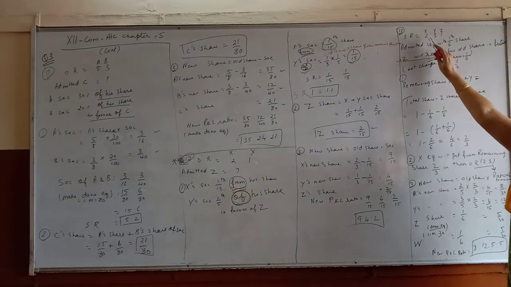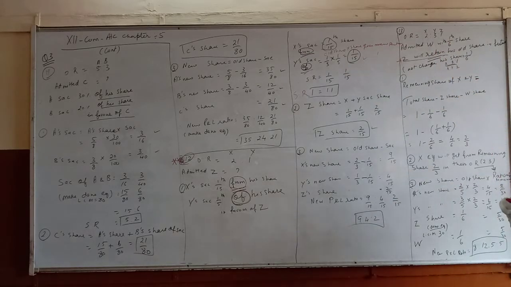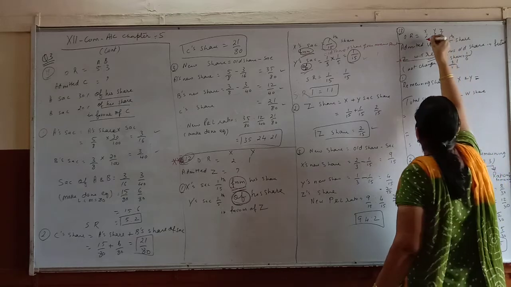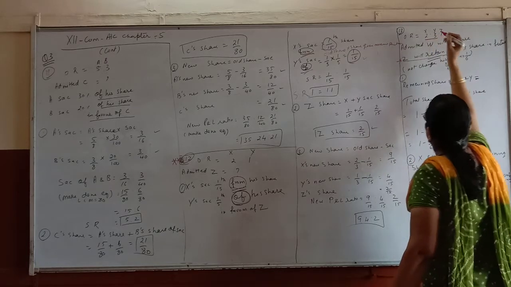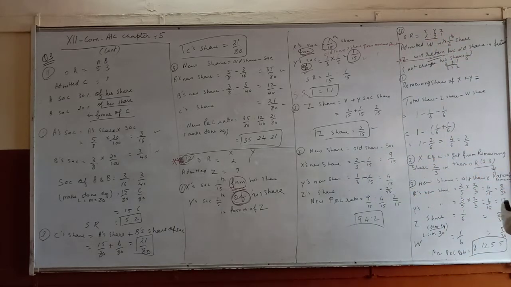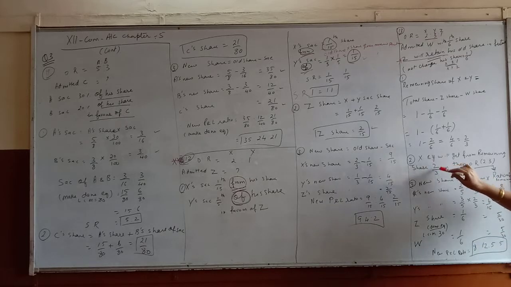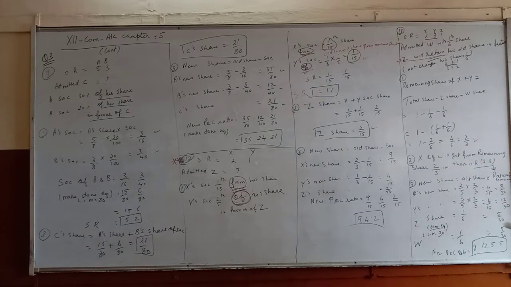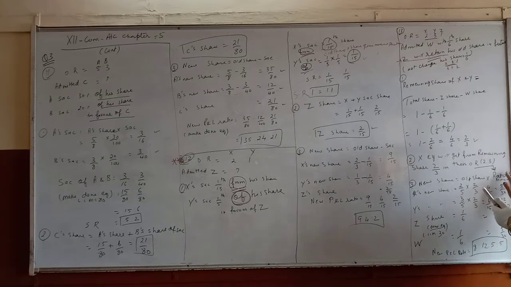So new share is equal to old share multiplied by the remaining share. X's new share is 2/5, the old share, I have written the formula, multiplied by 2/3, the share of remaining.